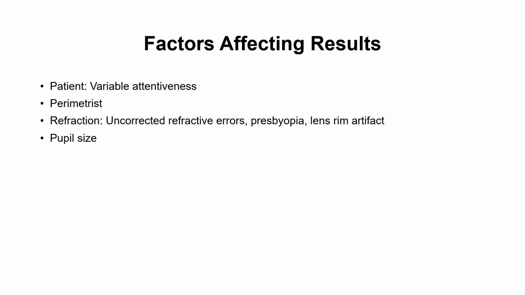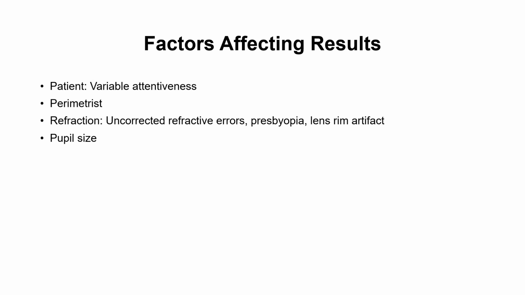And sometimes there is lens rim artifact: if they are too far from the lens, they will not see the stimuli that are touching the periphery, so it will show peripheral field loss because of the lens rim artifact. So please consider all these points before getting final results from this printout. Also the pupil size, because if you have a small pupil, the light entering the eye will be much less.